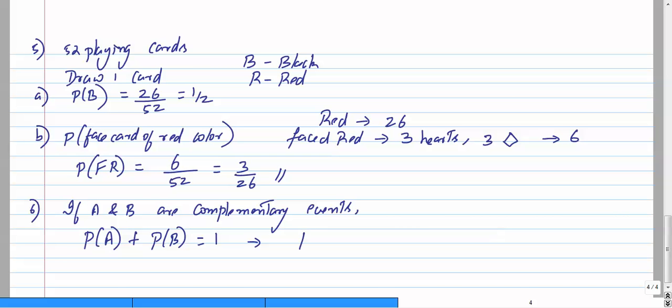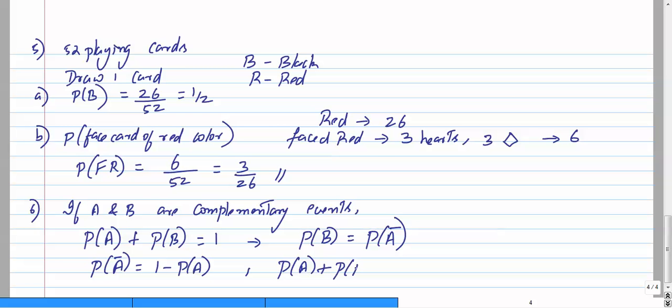Because the probability of B is nothing but the probability of non-occurrence of A. We know that the probability of non-occurrence of A is 1 minus the probability of A. So the probability of A plus the probability of B is equal to 1, because these two are complementary.